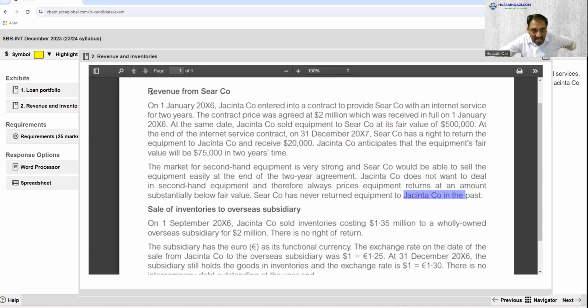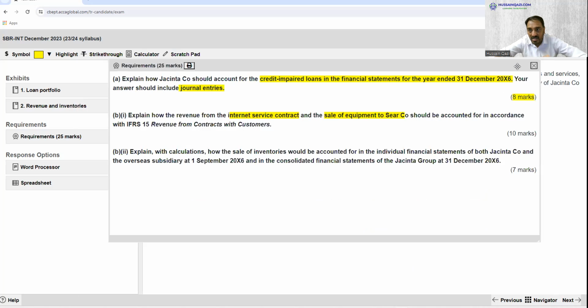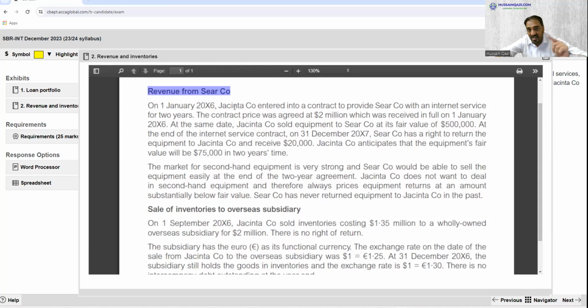So the other part, inventory to overseas subsidiaries, we will cover later. Revenue from Share company has two parts within one case. Once again we need to read: 1st January X6, the reporting date is 31st December X6. 1st January X6 means the year start.